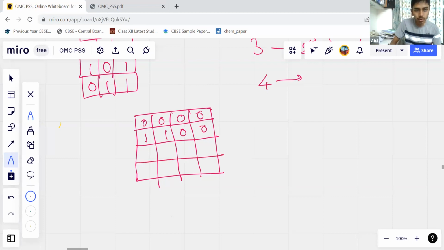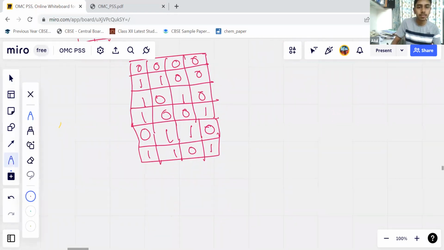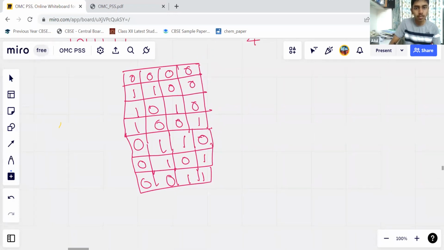So clearly you need these sort of rows, and this sort of thing. 2, 3, this is 7.